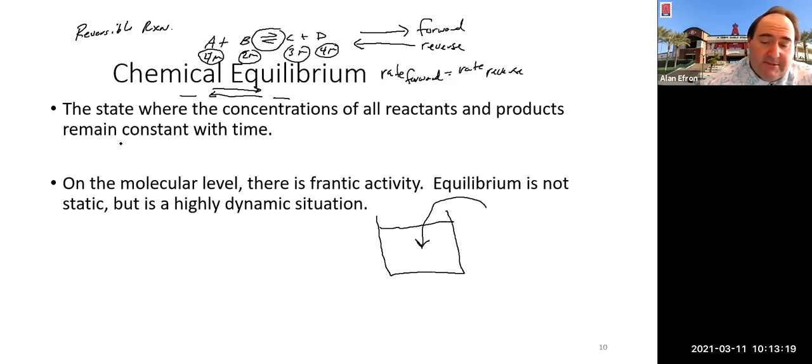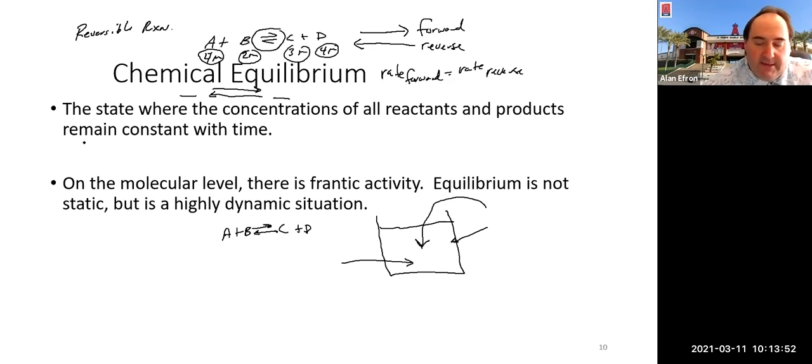But if we actually super zoomed into what's happening on the molecular level, there's a lot of activity if this was our A plus B going to C plus D. There's a lot of A and B going to C, and a lot of C and D going back to A and B. So there's a lot of continuous activity to maintain that equilibrium. Sometimes when we just look at it, it looks like this reaction is done and nothing's happening.